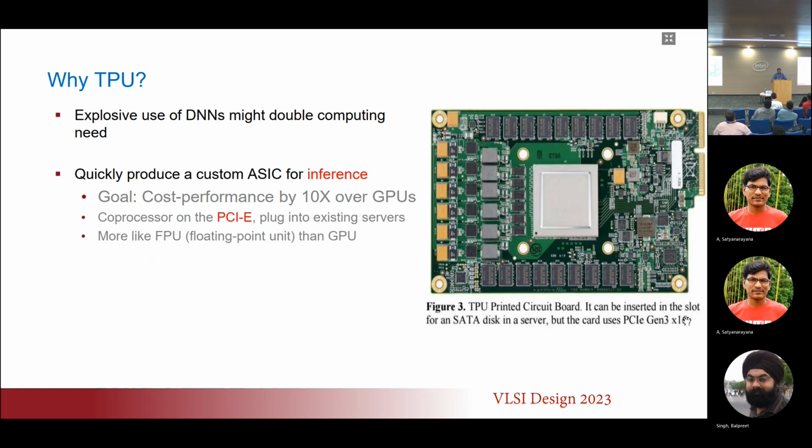But if the computational demand of machine learning applications doubles every 3 months, you can't build a new data center every 3 months. That would be way too expensive. So they were looking for a way to accelerate their machine learning work without doubling the number of data centers and massive capital investment. It's a pure cost issue.